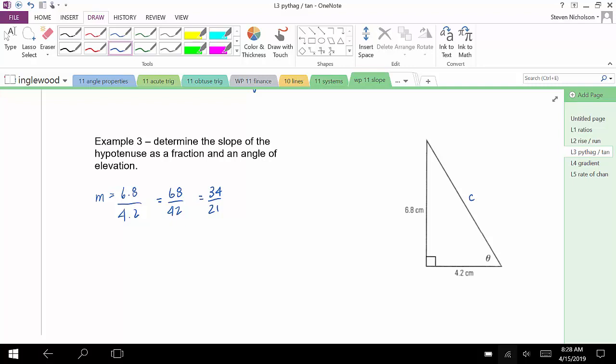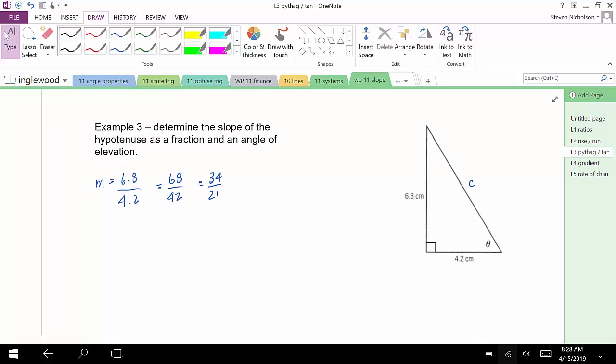If we wanted to express the slope as a measure of the angle of elevation, then we can use the tangent ratio. And the tangent of angle theta is equal to opposite over adjacent. Now, the great thing about this, and we learned this in our grade 10 trigonometry unit, we don't care about decimals. We're pushing buttons on a calculator. So recall that in grade 10, in order to find an angle, that's when you pressed the inverse tangent button on our calculator.